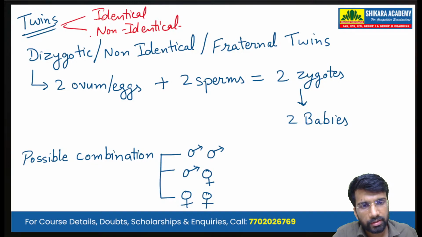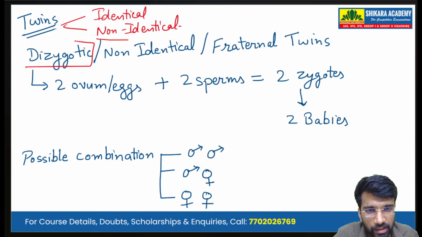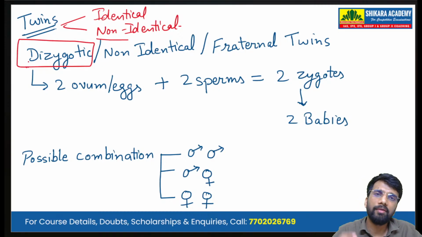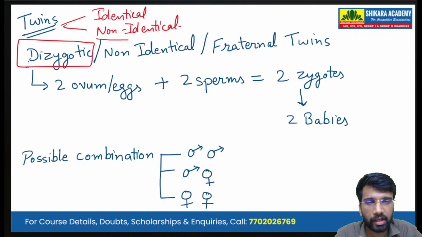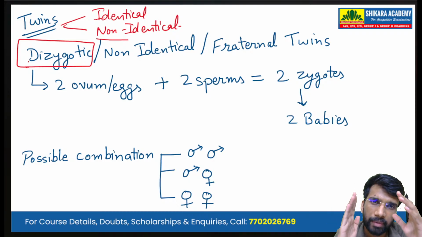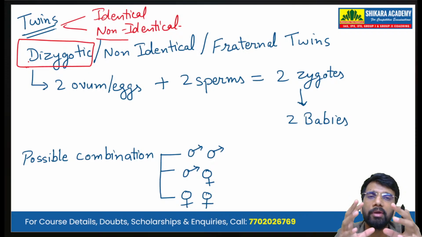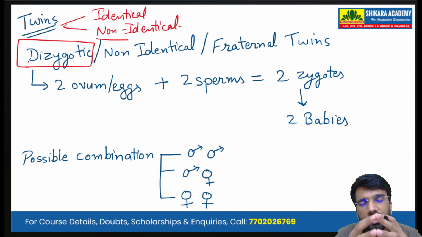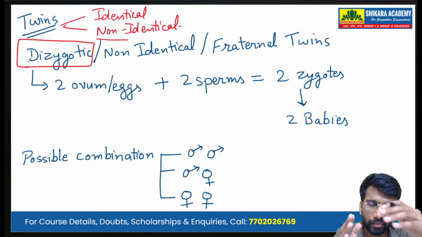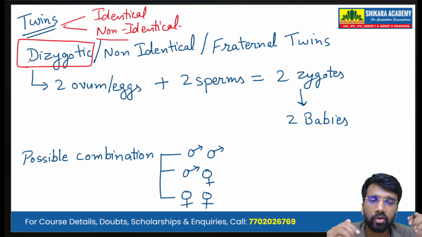So these non-identical twins are called dizygotic twins. The term dizygotic refers to the fact that the twins are coming from two zygotes. That is why the name dizygotic twins.